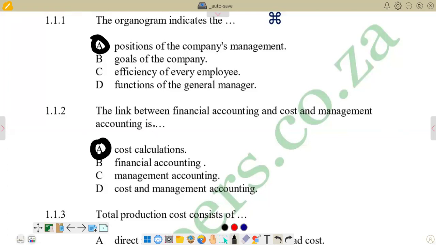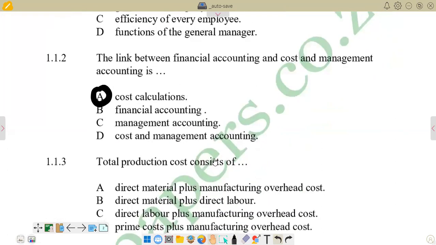So we go to 1.1.3. It reads: total production costs consist of. Remember, you can only find the total production cost figure in the production cost statement, whereby we start by adding the direct material cost plus the direct labor cost, then we get our prime cost. Then obviously we are supposed to add our production overheads.